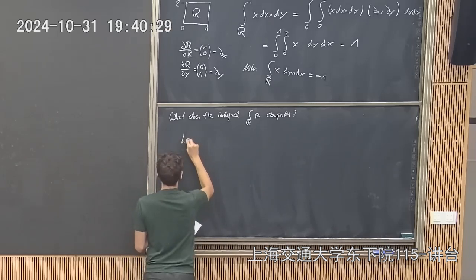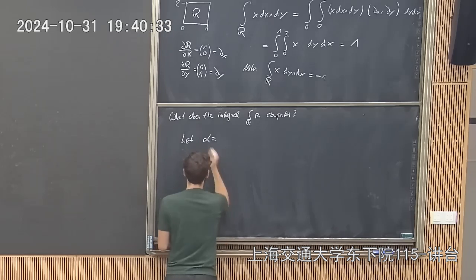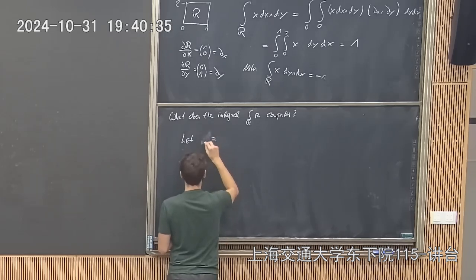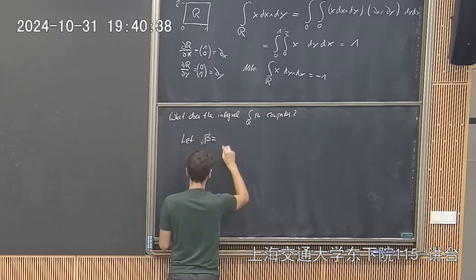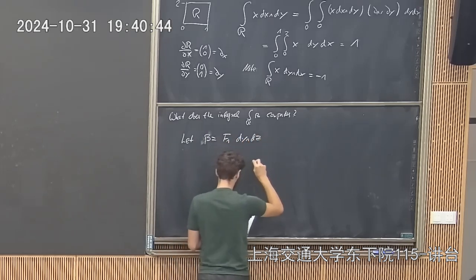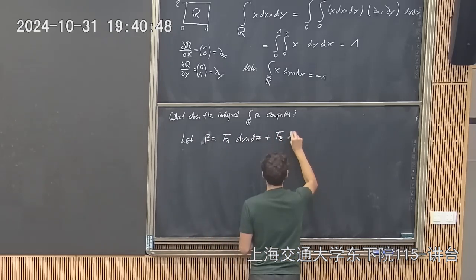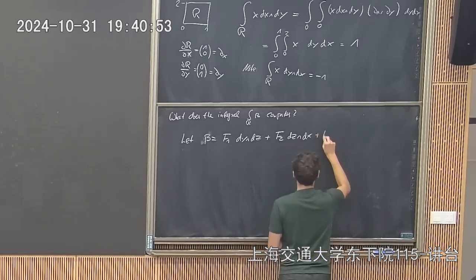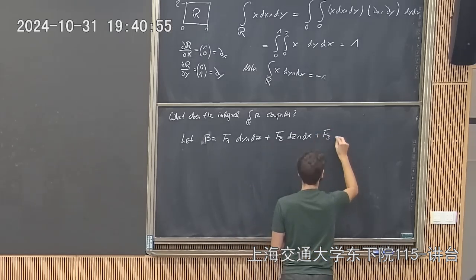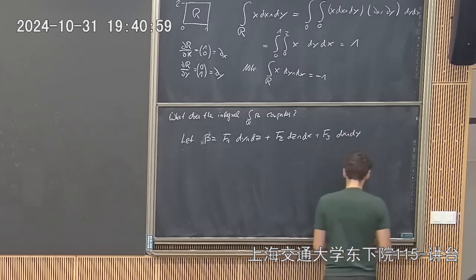So let's assume that beta is of the form f1 dy dz plus f2 dz dx plus f3 dx dy.